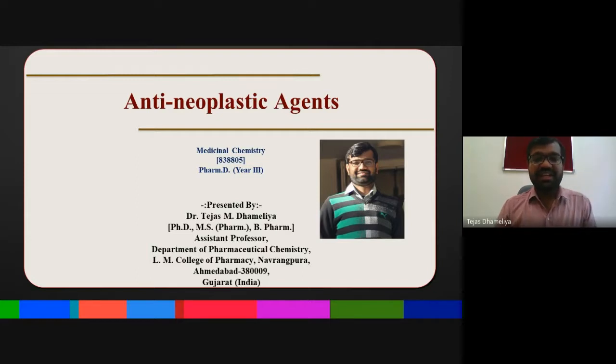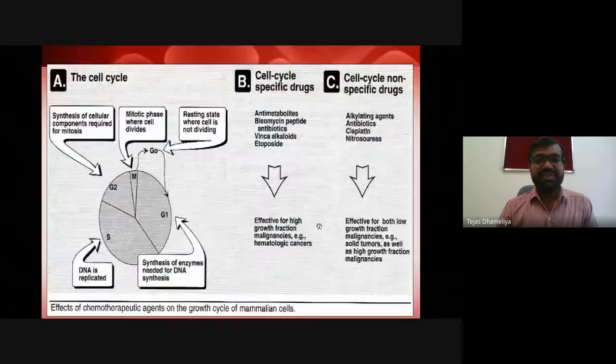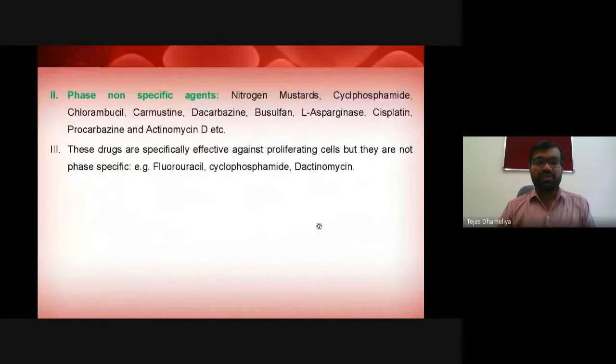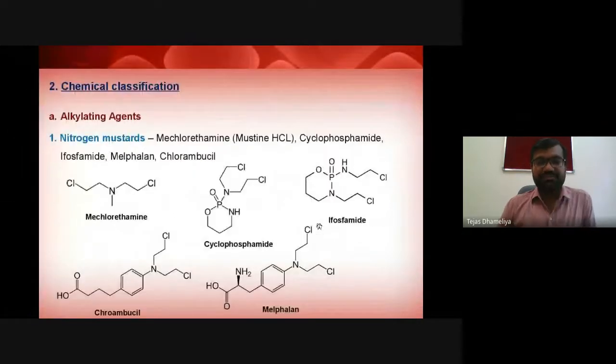Basically, alkylating agents are agents which are generally useful for the purpose of alkylation because of their specific feature, the dichloro, or we can call it chloroethylamine, chloroalkylamine functional group, which is present in such alkylating agents so that they can do the cross-linking of DNA.